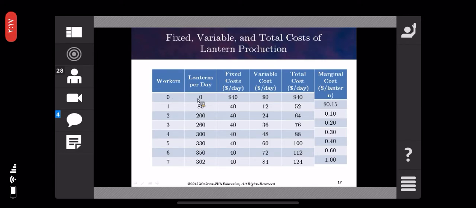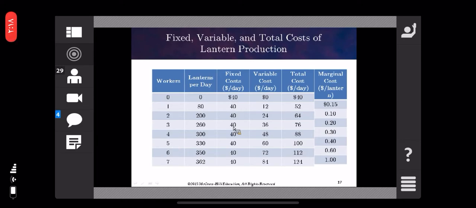If I have zero workers, I produce nothing. If I have one worker, I will produce 80 units. If I have 2, I'll produce 200. If I have 3, I'll produce 260. If I have 4, I will produce 300. If I have 5, I'll produce 330.